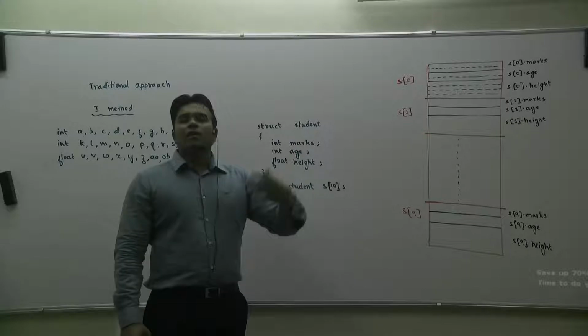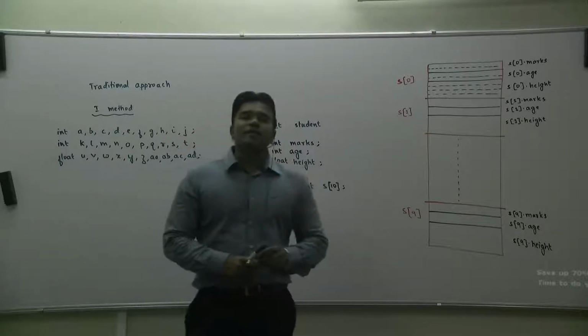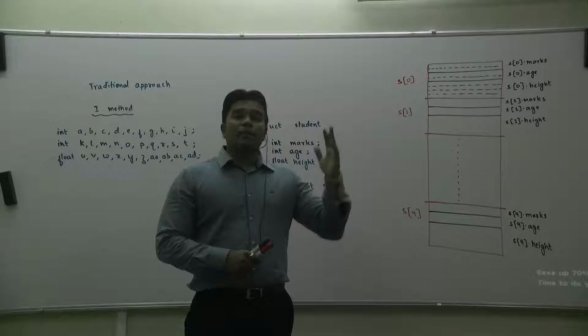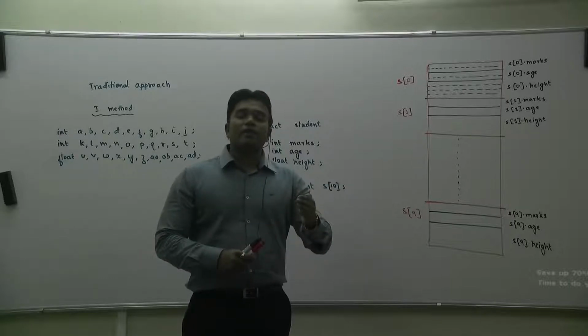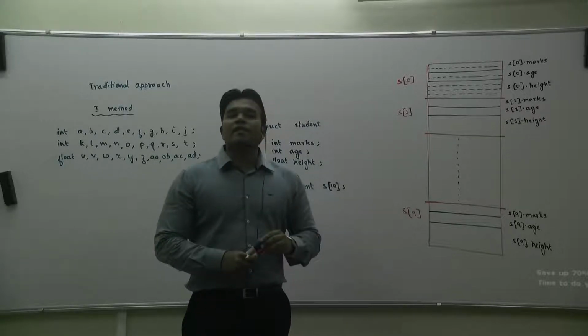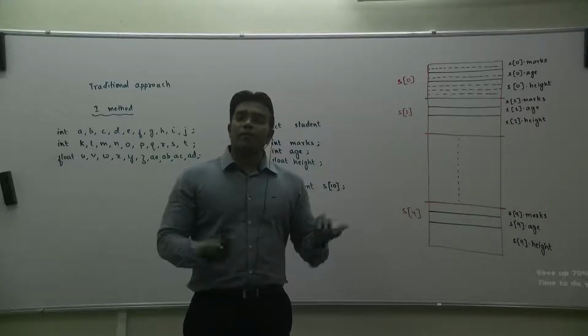Here you will have the marks, age and height of the 87th student. Remember, array begins from 0. So the 87th student's details would be at S of 86th block. Very simple.